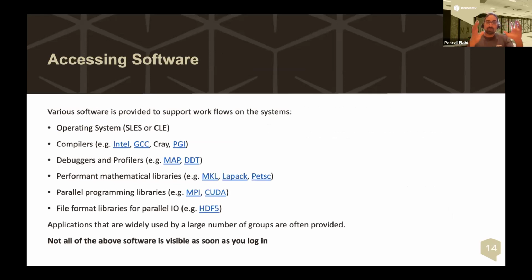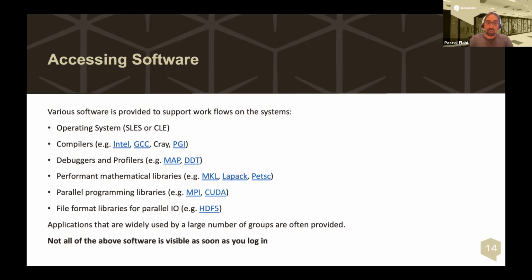All right, so hopefully you have a brief idea that there are different ways of accessing the parallelism provided by a supercomputing system. It's also worth remembering that accessing software isn't just clicking on and launching an executable. There are different operating systems and different compilers. We also provide debuggers and profilers to examine code and figure out if there are errors in the code or how to improve it.